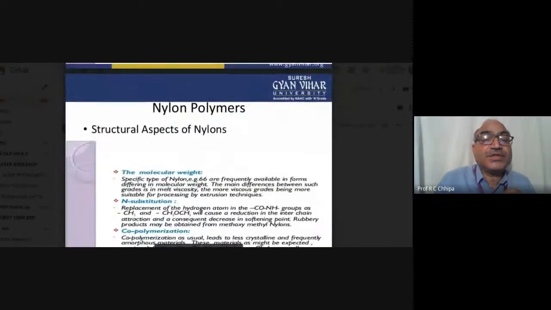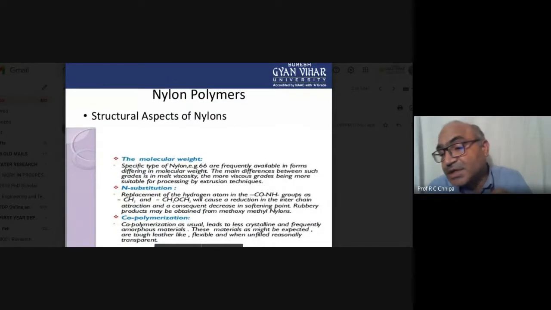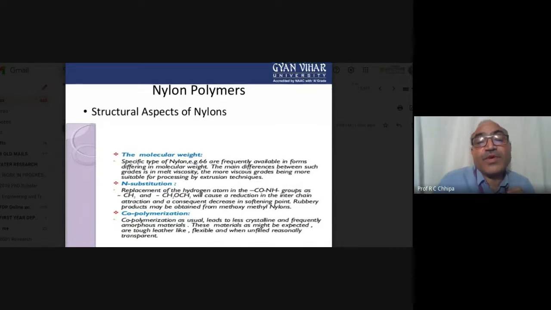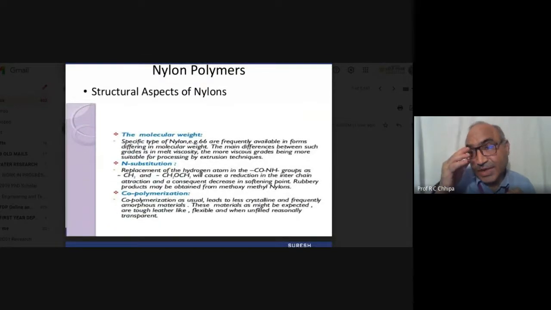So after this, there are certain structural aspects. So here we can say the specific molecular weight, whatever was earlier discussed in 1928, these were the high molecular weight polymers at that moment, because of the innovation, because of so many ideas at that moment, the atomic structure was also completed.